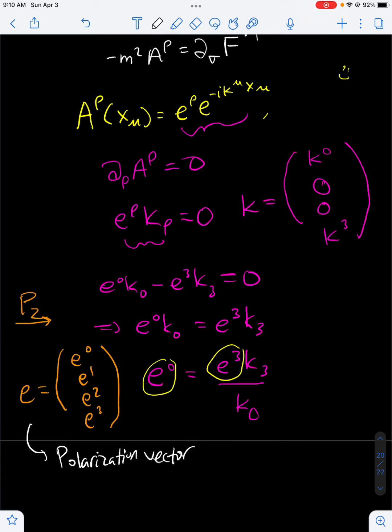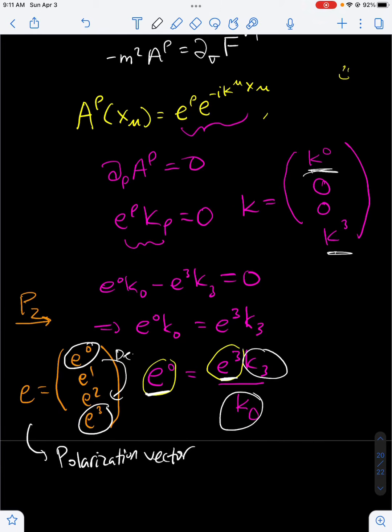Since if we know K naught and K3, we can just deduce what E naught and E3 will be. So E naught will depend on E3, or you could rephrase it as E3 will depend on E naught, so they depend on each other.